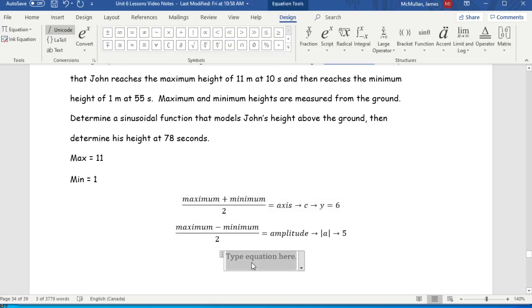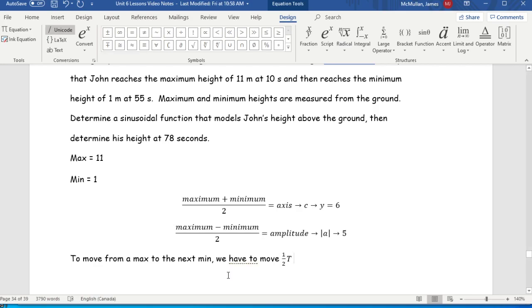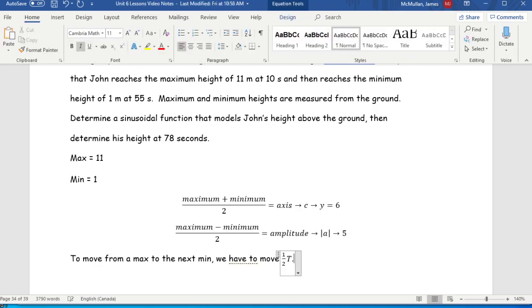We're going to use some of our knowledge from the previous question. To move from a max to the next min, we have to move 1/2 of the period. Okay? And think about what the reasoning is there.